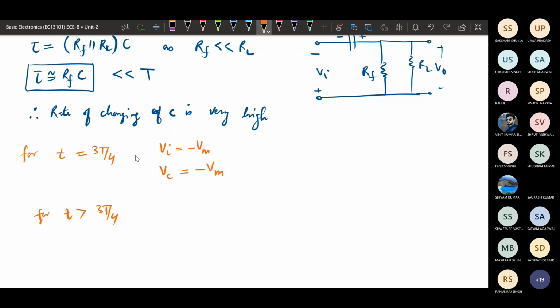Now we will see for t greater than 3T by 4. The output voltage that we will be getting is nothing but the input voltage plus the voltage across the capacitor.